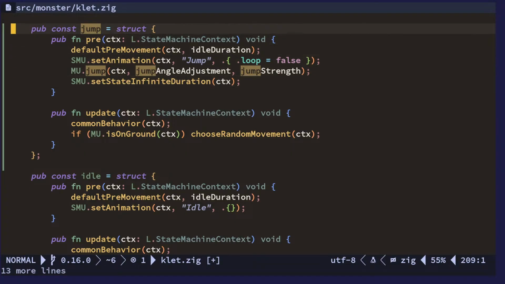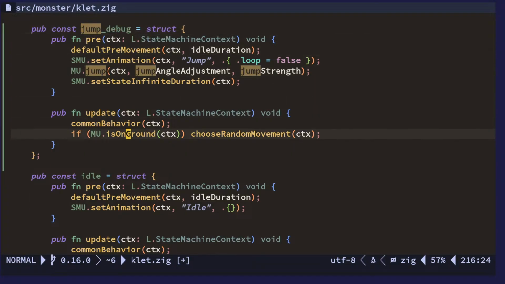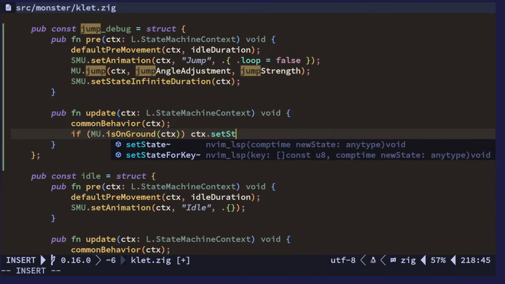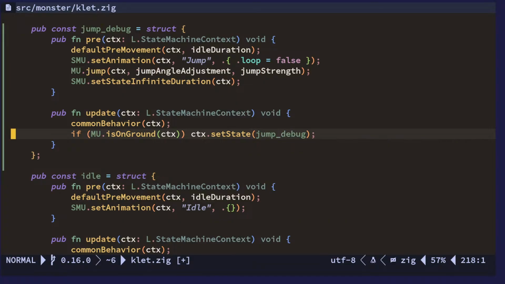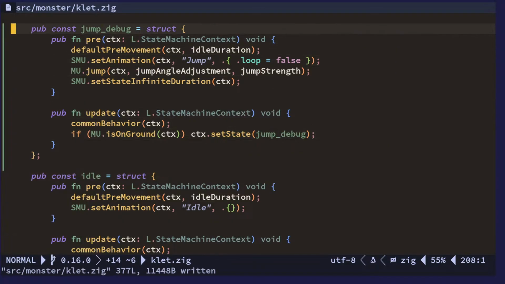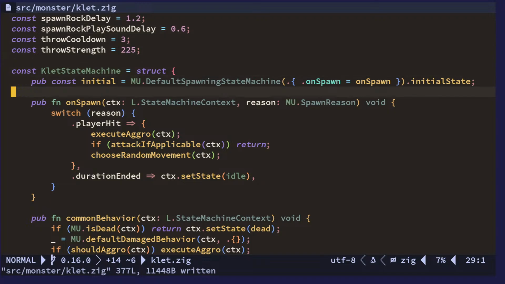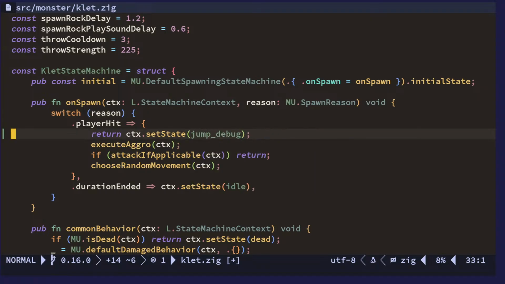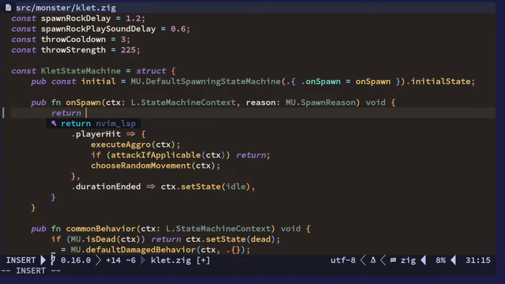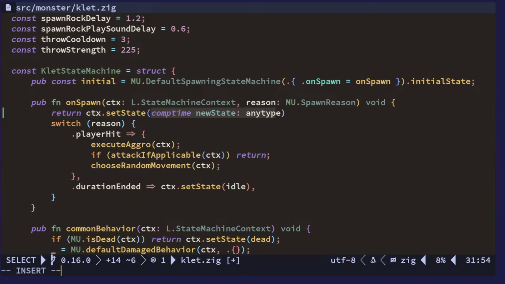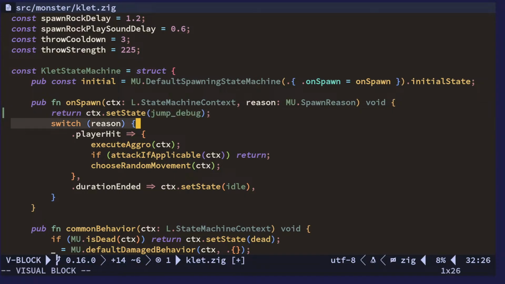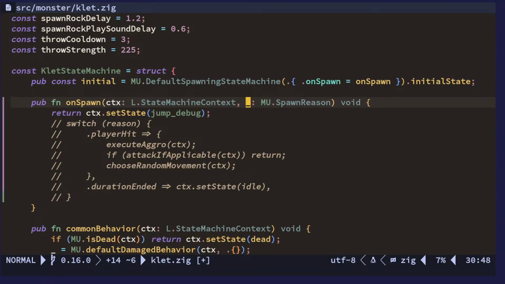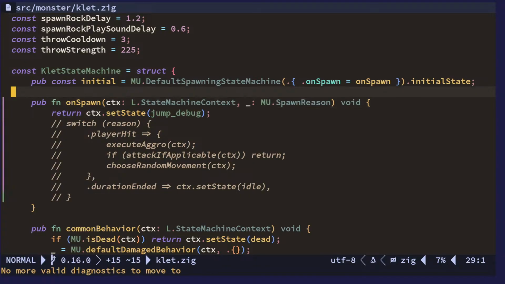We're gonna do jump debug, so just perpetual jumping here, and when we spawn we're simply gonna do, well, that. Okay.